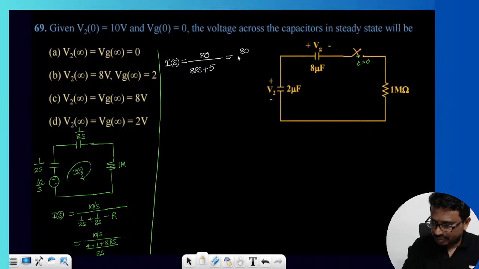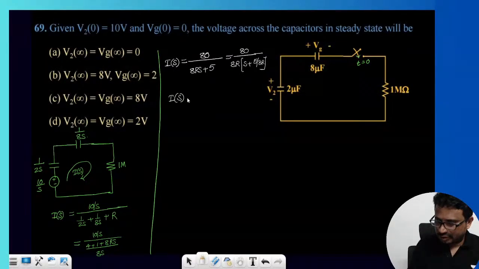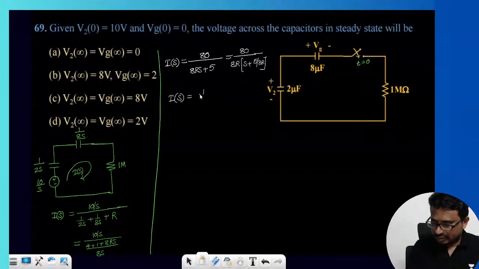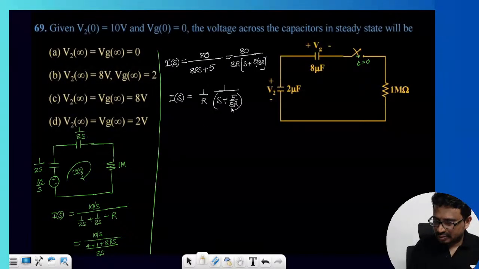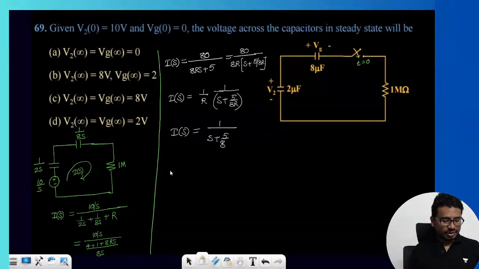Here, 8 by, so we are taking 8R equal to 1. 8R we have taken common, then it is S plus 5 by 8R. So then I of S will come to be 1 by R into 1 by S plus 5 by 8R. R equal to 1, so I of S will be equal to 1 by S plus 5 by 8.